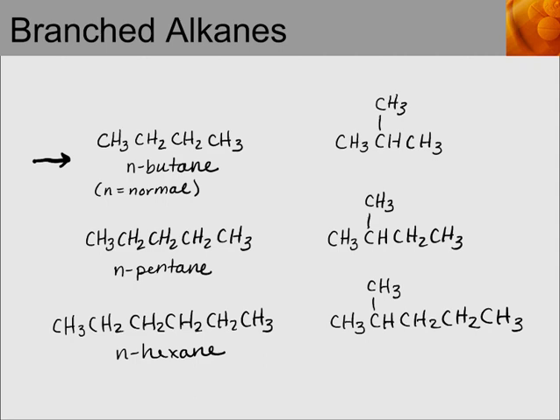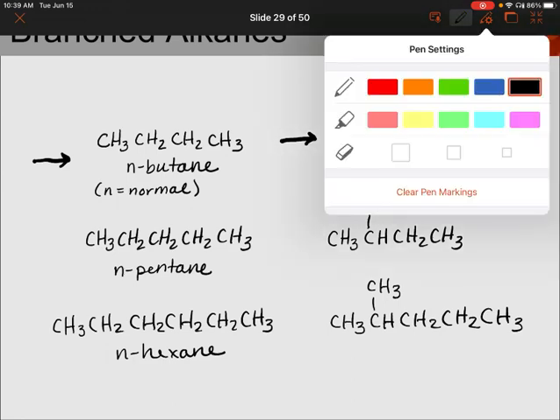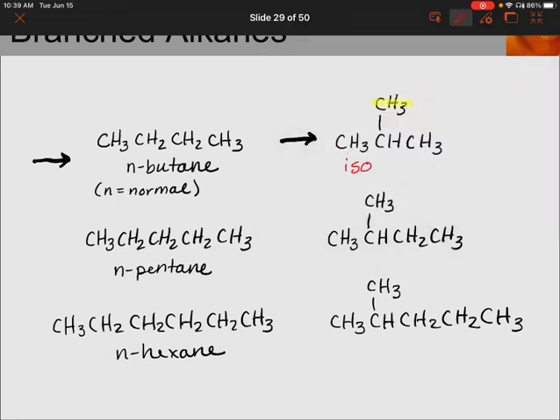Now, what if we then have a branched alkane with the same number of carbons and same number of hydrogens? Now notice we have a CH3 group bonded to that middle carbon. So we're going to call this isobutane.